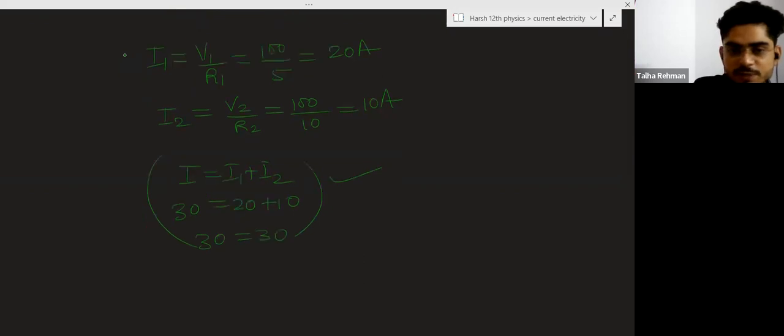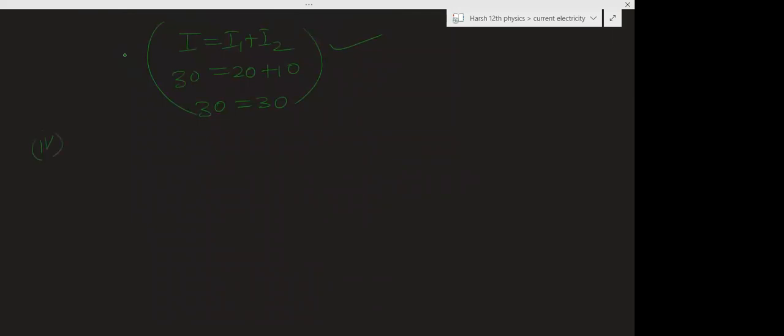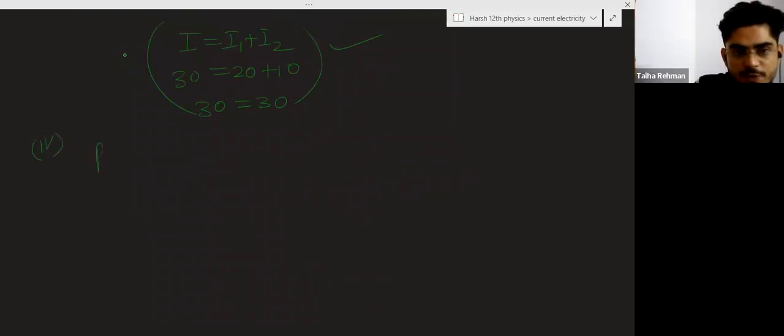So now power dissipated, the fourth part. P1 is equal to V square divided by R1. V square means 100 square. R1 is 5. So I can write this 100 into 100 divided by 5.